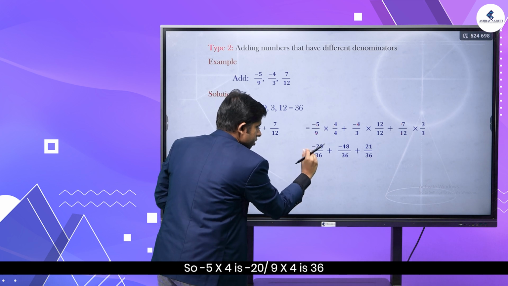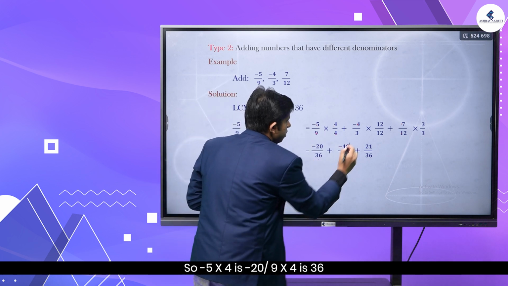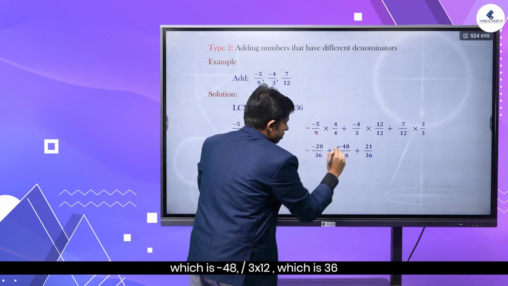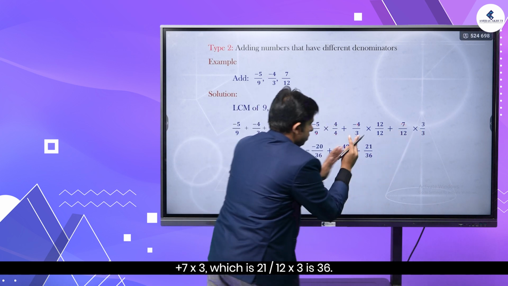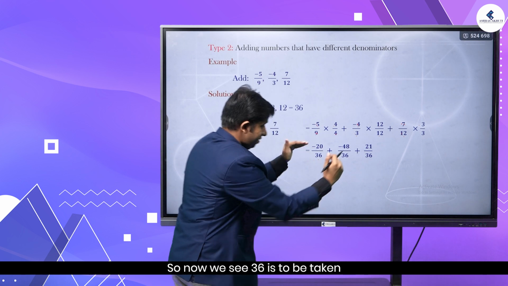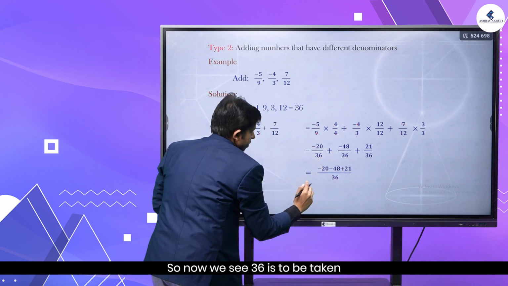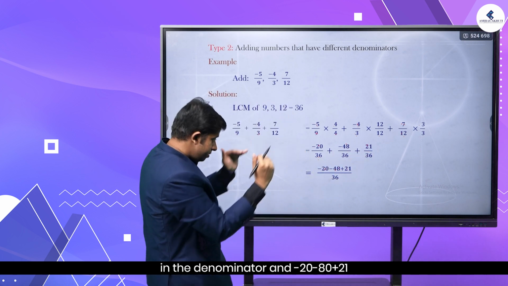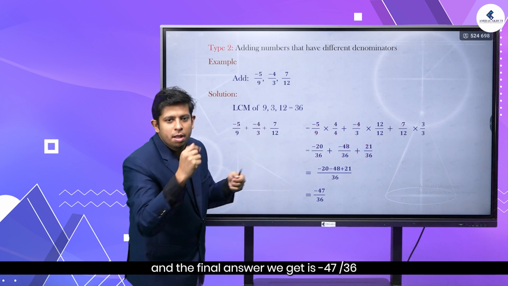So minus 5 into 4 is minus 20 by 9 into 4 is 36, minus 4 into 12 is minus 48 by 3 into 12 which is 36, plus 7 into 3 which is 21 by 12 into 3 is 36. Now we take 36 as the denominator, and minus 20 minus 48 plus 21 as the numerator, and the final answer we get is minus 47 by 36.